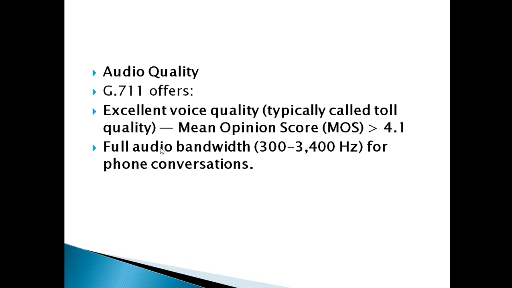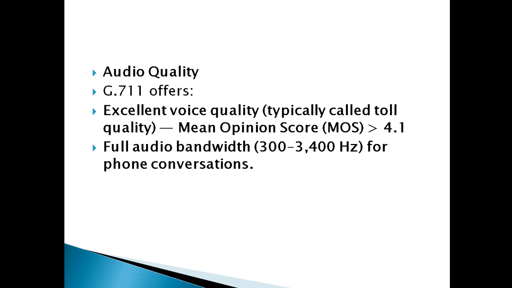And about the voice quality, G711 is the best quality because it is not compressed, right? 8,000 samples and 8 bits, 64 kbps, right? So there is no compression there. On the other side, there are some codecs like G729, G722, iLBC.